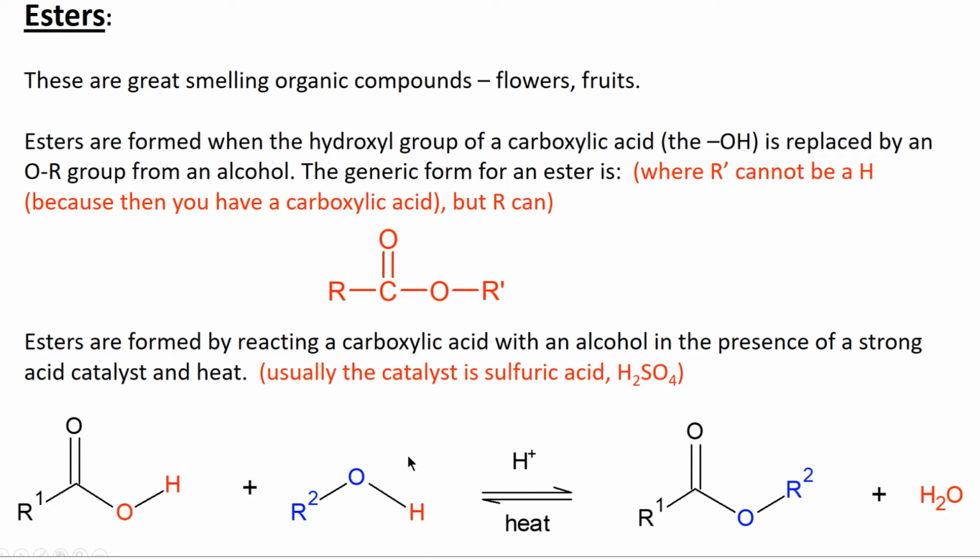We have an OH group from our carboxylic acid and this hydrogen from the alcohol. What does that form? Yep, that's right, a dehydration reaction. We're losing water in this process, and that's how this oxygen gets attached to this carbon here, which is how we form our ester.